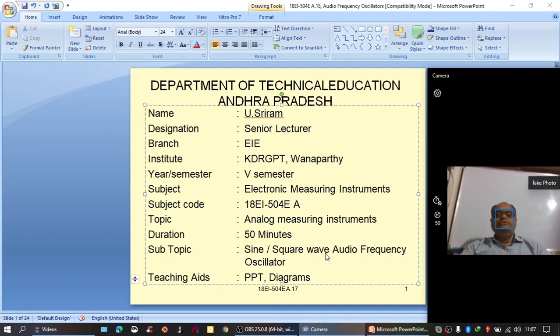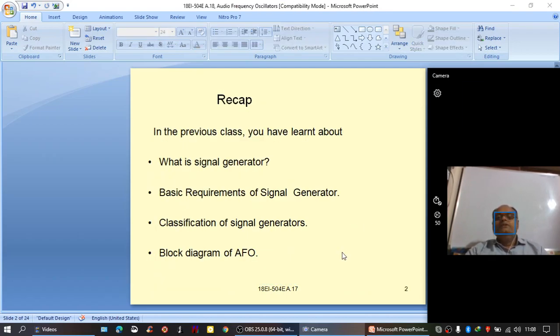Before we go to the present topic, let us try to recollect what we have studied in the previous class. We have seen what is a signal generator.